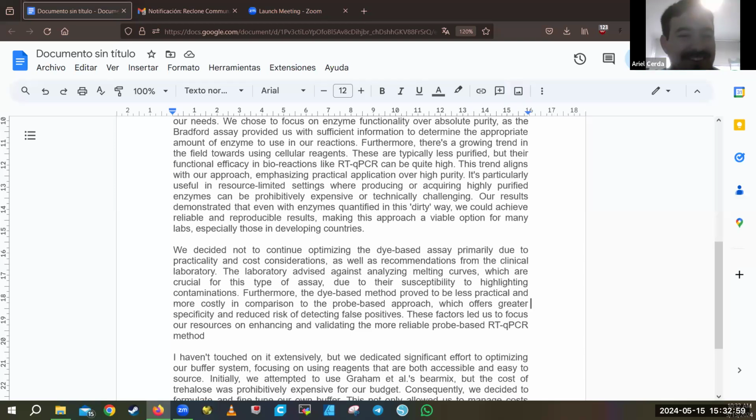The reviewers also questioned a lot about the storage conditions and the half-life of our enzymes, and we tested our enzyme over a long period. We were doing these assays with the same batch of enzyme during 1 year, and we always obtained the same results.